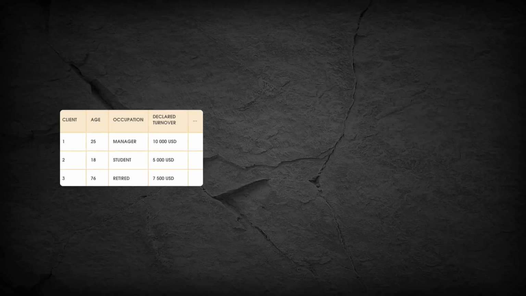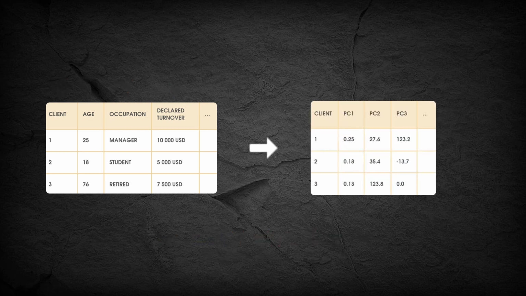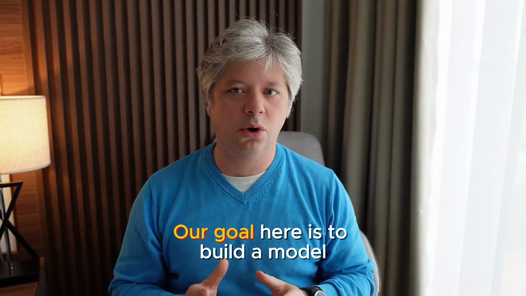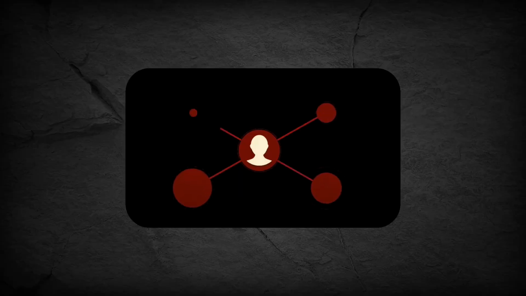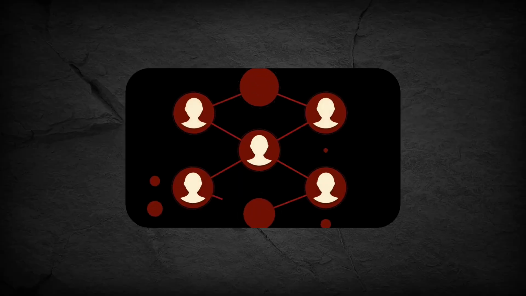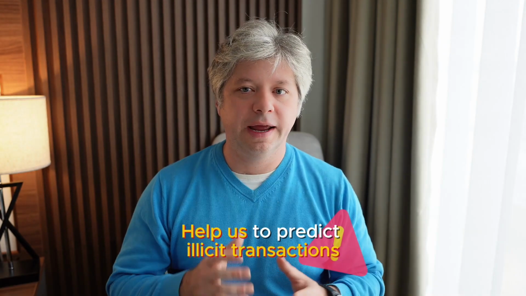Think about it as if someone who wanted to make this dataset anonymous ran a PCA algorithm on these features, and the features that you see in this dataset represent results of this PCA transformation. So, as I said, our goal here is to build a model that will be able to learn from these features and the connections between different elements in the dataset and help us to predict illicit transactions.